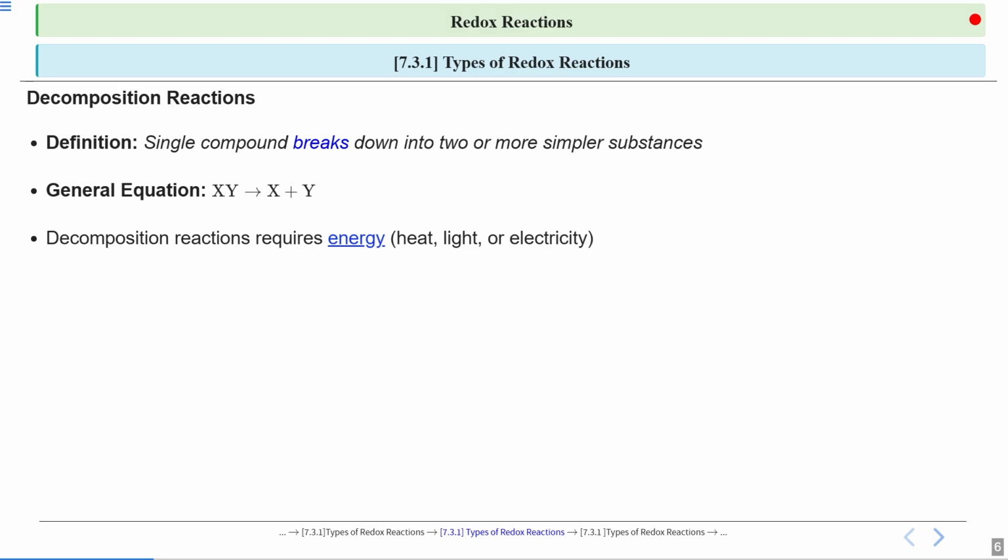Now, let us consider how these decomposition reactions proceed, and which type of energy is provided so that they break down. To break down any substance, the decomposition reaction requires energy, and that energy is in the form of heat, light or electricity.